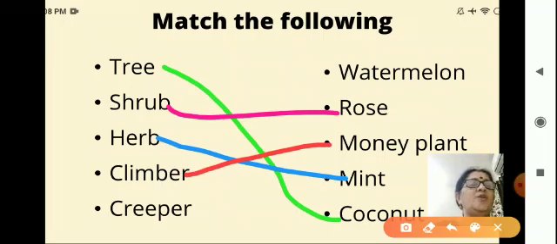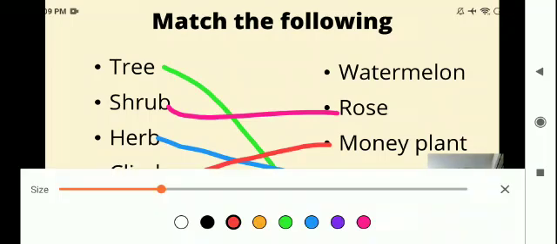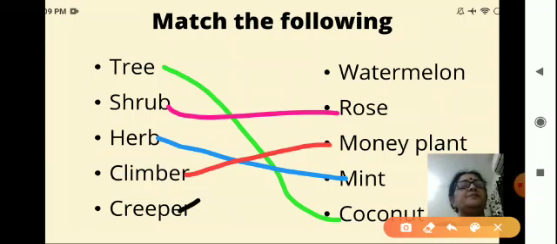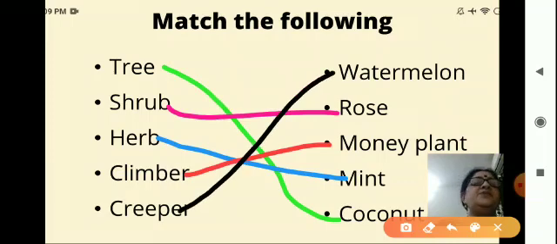They grow along the ground. So here it is watermelon. So we have done match the following also. Tree, coconut. Shrub, rose. Herb, mint. Climber, money plant. Creeper, watermelon.